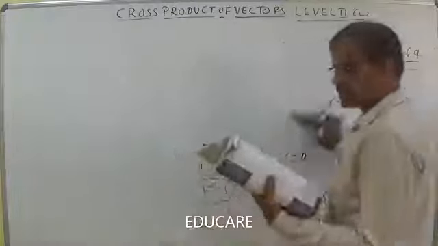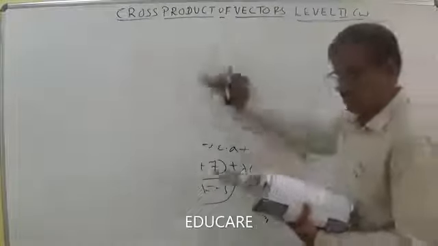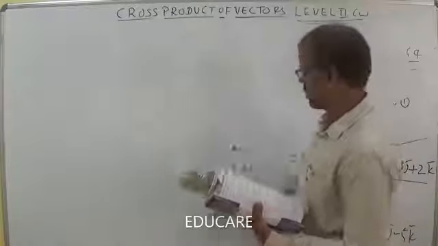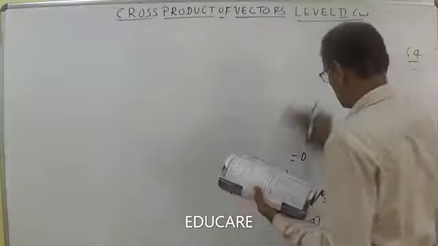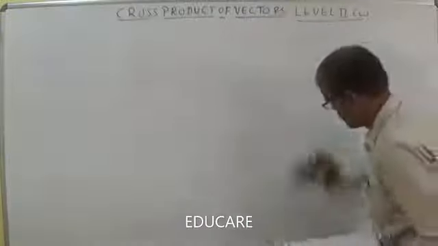Now let us discuss the sixth question. A plus b cross a minus b, like that. The cyclic expression he gave. A plus b cross a minus b plus b plus c cross b minus c, like that. Sixth one.